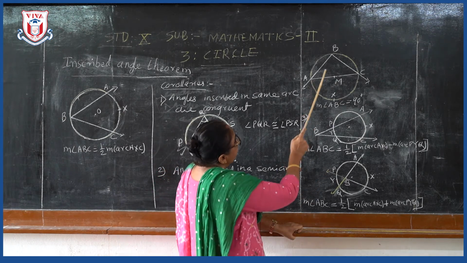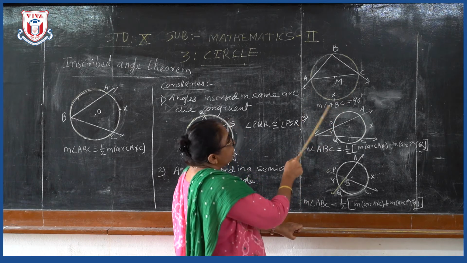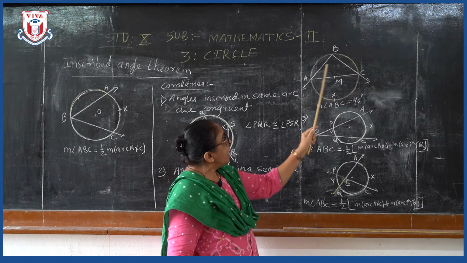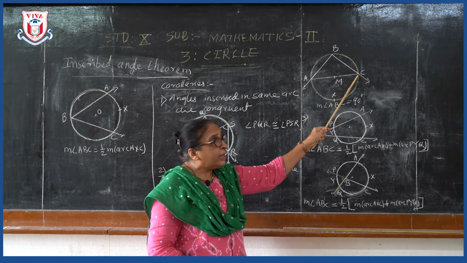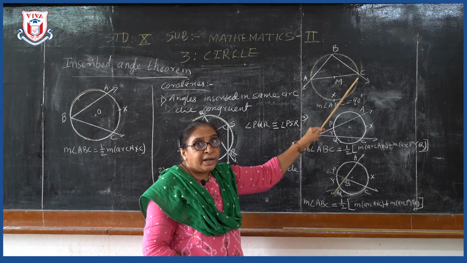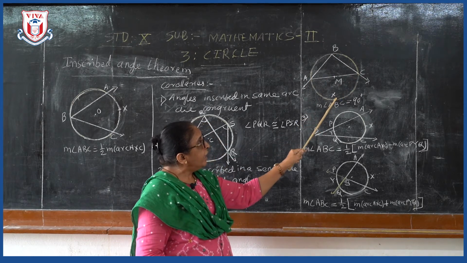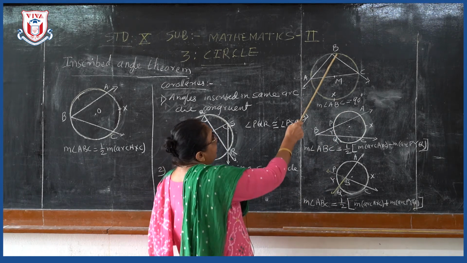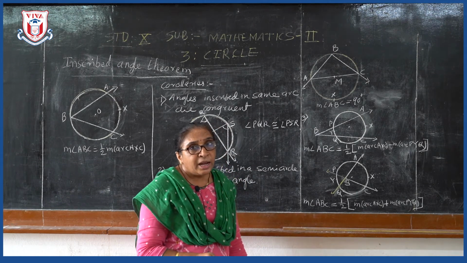Now, in this case the remaining arc AXC also will be a semicircle. So, angle ABC is half of arc AXC by using the inscribed angle theorem, but arc AXC is a semicircle, means 180 degrees. So, angle ABC is half of 180, that is equal to 90 degrees. So, angle ABC is inscribed in a semicircle and hence it is a right angle.